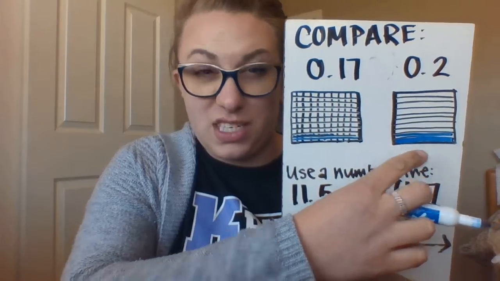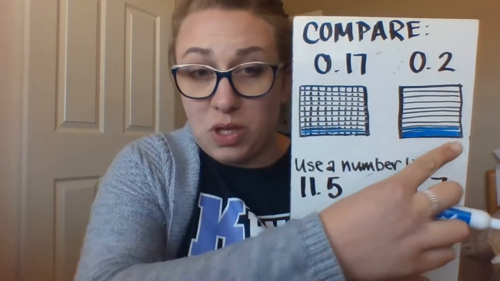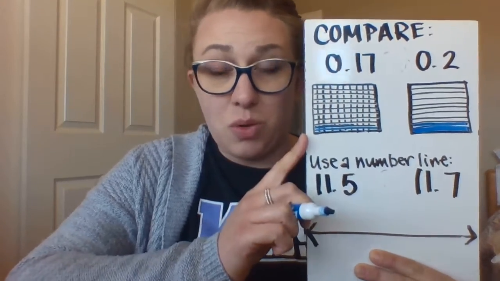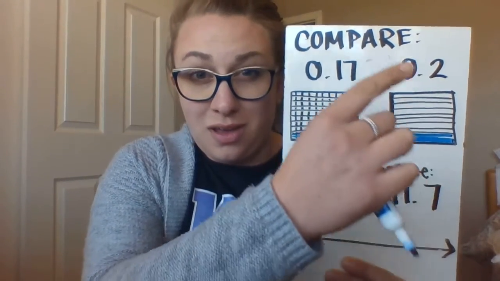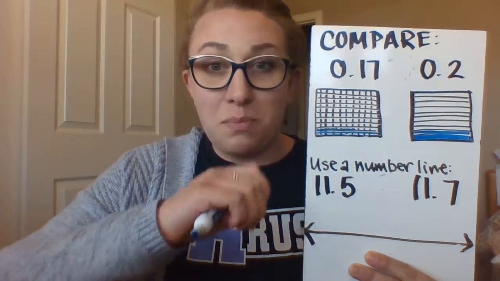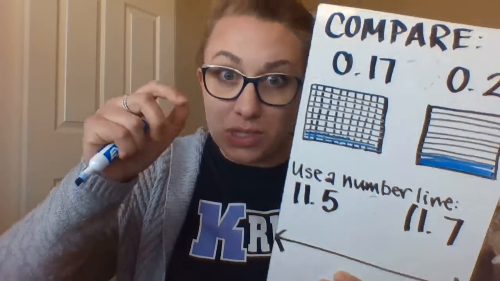Now, visually looking at these, I know that 1 tenth is the same as 10 hundredths. There are 2 tenths here, 2 complete rows. There's only 1 complete row here. So that tells me that 2 tenths is a larger number. Now, when you're asked to compare, you have to use those special symbols. And we always open the symbol to the bigger number, right? It's like that alligator mouth we've talked about so much.